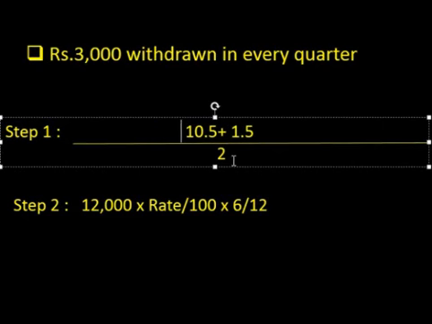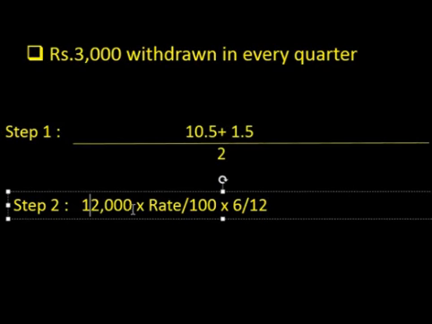So over 2, it means 10.5 plus 1.5 months, 12 over 2, I will get average period 6 months. Now come to step 2, total drawings. 3000 withdrawn in every quarter. So there are 4 quarters. So total drawing is 12,000 into rate over 100 into 6 by 12. 6 is the average period you have calculated in step 1.